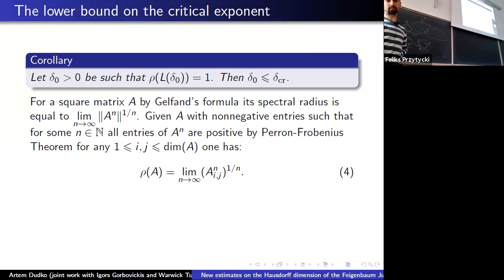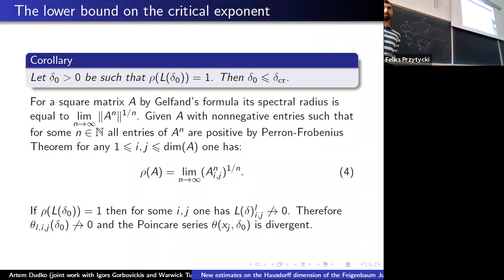If, moreover, the matrix A has no negative entries, and for some n, A to the power n has all positive entries, then by the Perron-Frobenius theorem, the spectral radius can be computed as follows. We take any indices i and j, take the matrix A^n, its entry ij, take 1 over n-th power. In the limit, we obtain exactly the spectral radius.